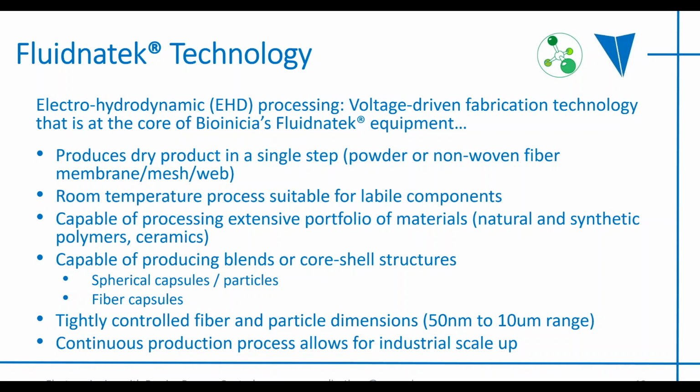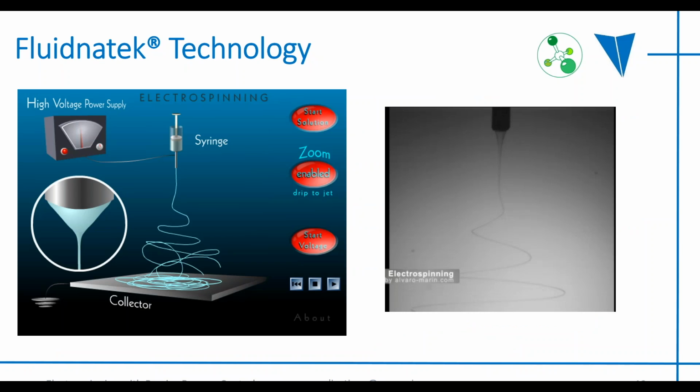Critically, this process that we use in our FluidNet equipment in our manufacturing line allows for tight control of fiber and particle dimensions and stability over time. And it's a scalable process, so we can increase the number of spinning heads, increase the size of the machines, and thereby increase the production rates up to industrial scale. And this we've demonstrated in our own plant.